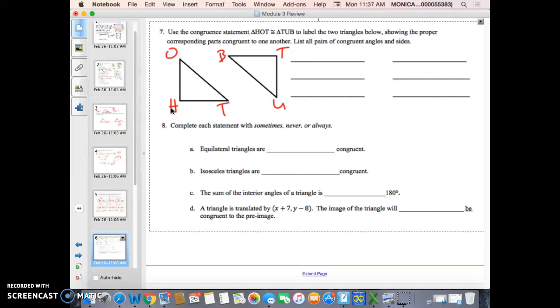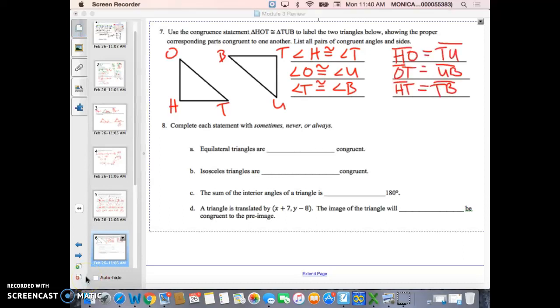Okay. Then it says, show the proper corresponding sides. So, H is congruent to angle T. Angle O is congruent to angle U. Angle T is congruent to angle B.